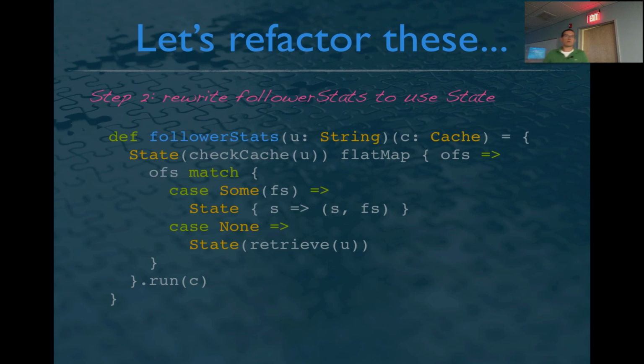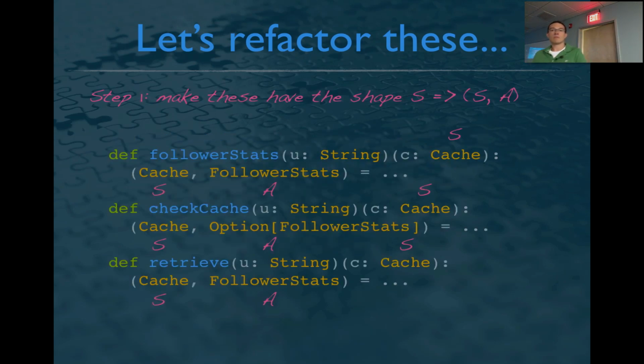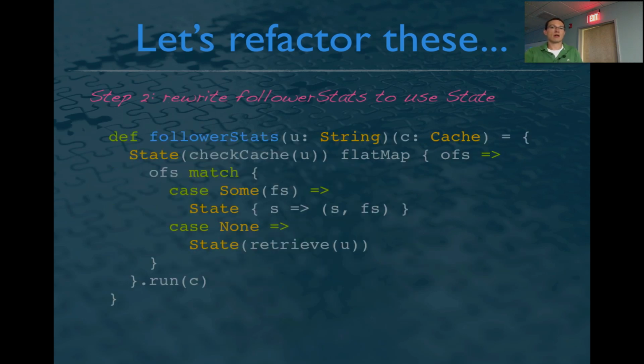Now, if I retrieve something from the web service, remember, retrieve, I can give it a username to get a partially applied function from cache to cache follower stats back. And since I'm flat mapping, the result of my whole closure here needs to be another state.